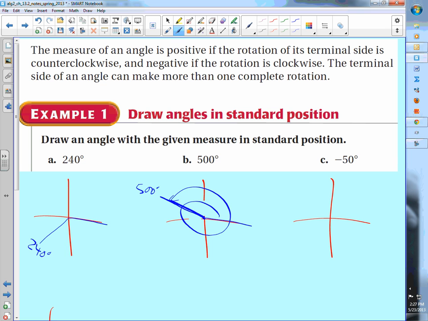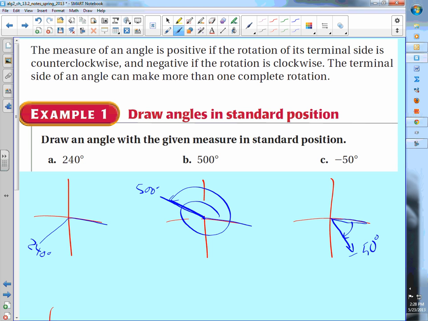Okay, Julia, how about the -50? You start on the right side and go the opposite direction. So we're going to go down, how far? Not very far, a little more than halfway, and this angle right here is -50 degrees. Am I looking for an exact? No, but if it's 50, it's more than halfway, so give me a smidge over the half.